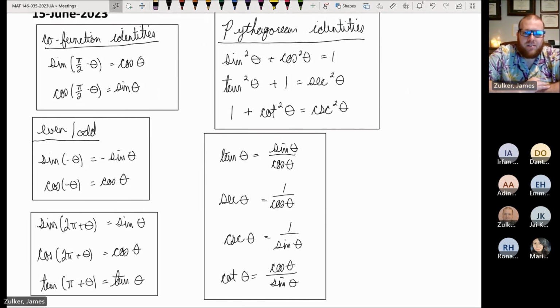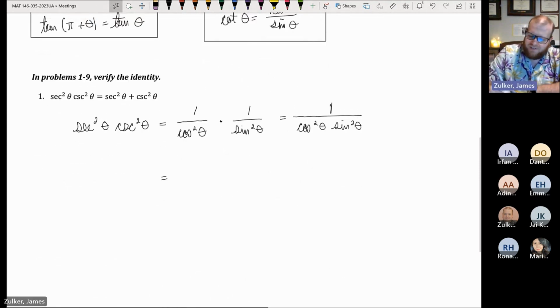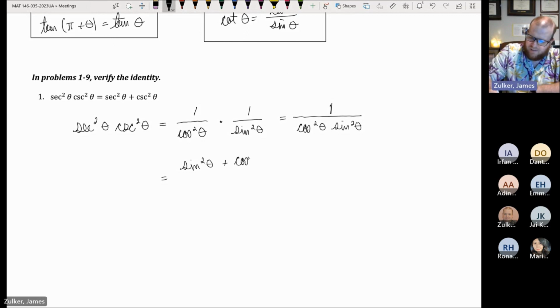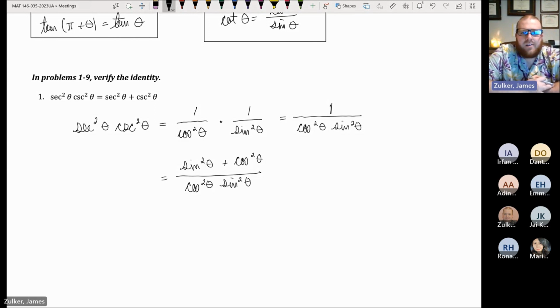Isn't 1 sine squared plus cosine squared? So we replace 1 with sine squared plus cosine squared.